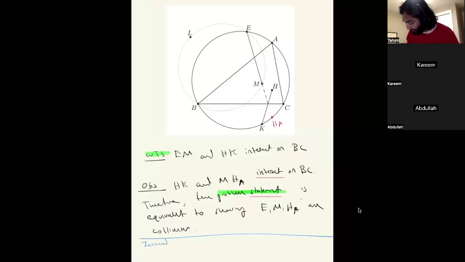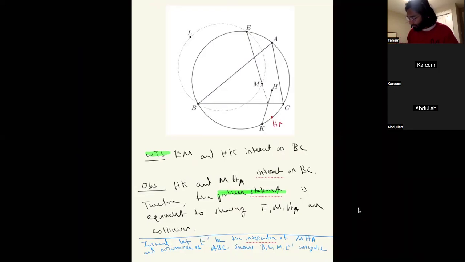Instead, let E prime be the intersection of MHA and the circumcircle of ABC, and then show B, L, M, E prime concyclic.